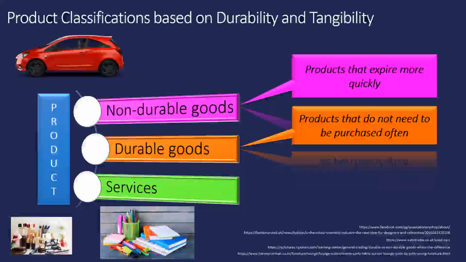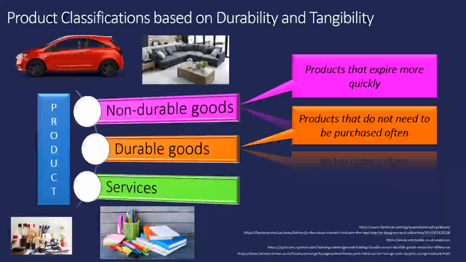Like Indonesian people, when they have a car, they will keep using it until the car cannot be used anymore. Another example is furniture. Furniture consists of cupboards, sofas, and like you see in the pictures, these are also products that will not expire quickly, so we do not need to purchase them very often.